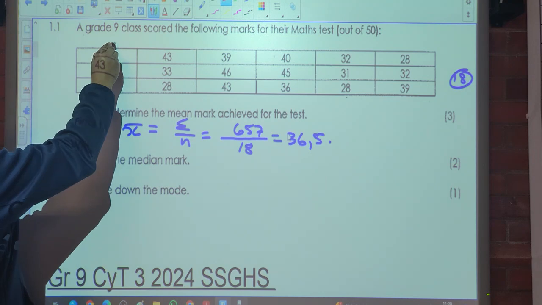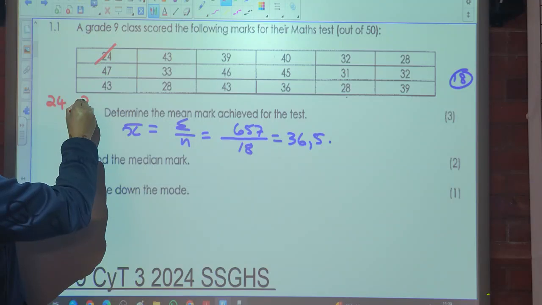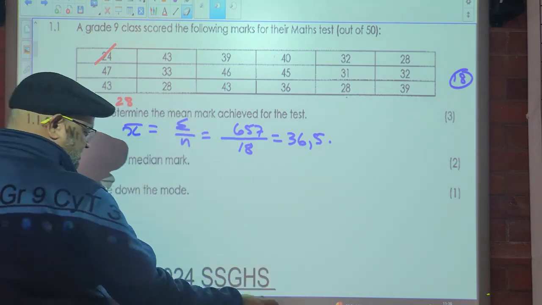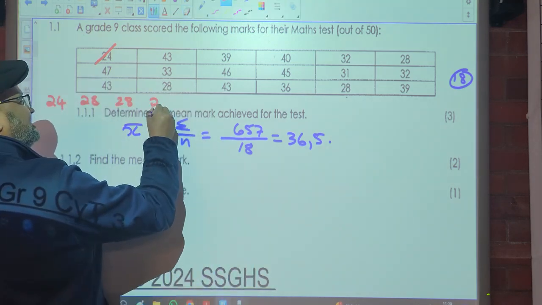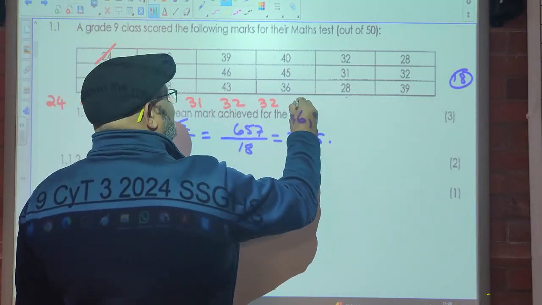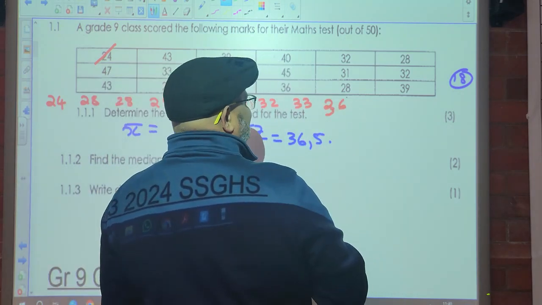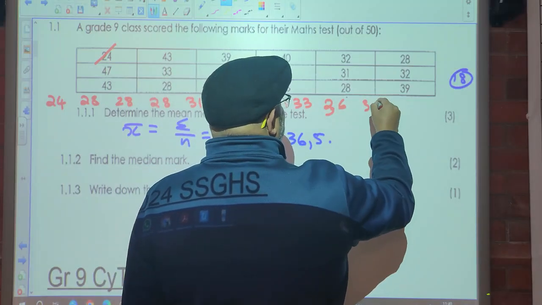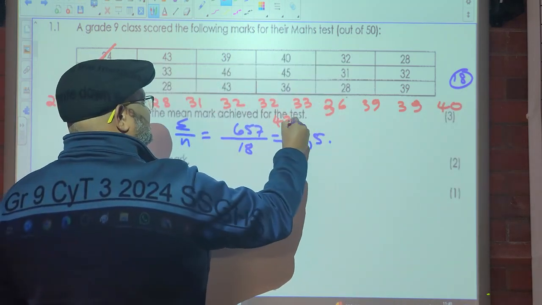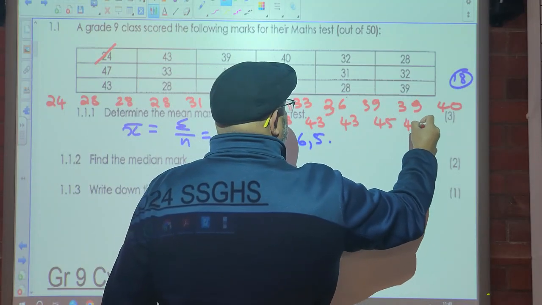Smallest number is 24. Let's go a bit slower. 24, then 28, 28, 38, 31, 32, 32, 33, 36, 39, 39, 40, 43, 43, 43, 45, 46 and 47.